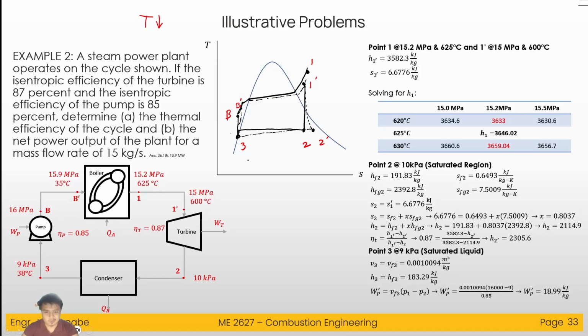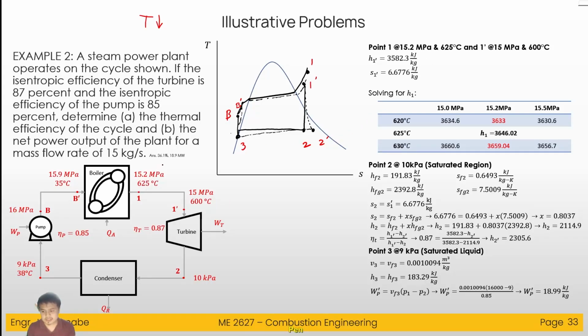Okay, so now what can we find first? What we can find first is actually this 1 prime here. Well, because you have a steam table, no? If you check your steam table, 15 MPa, 600 degrees Celsius at table 3, it has a value already, which is this.